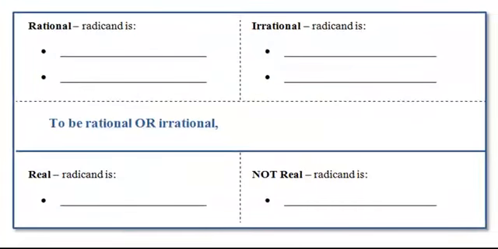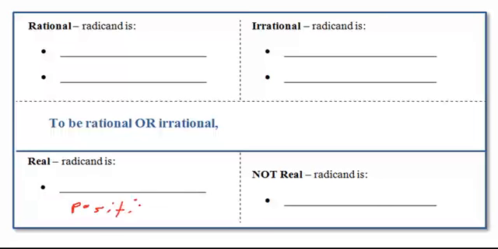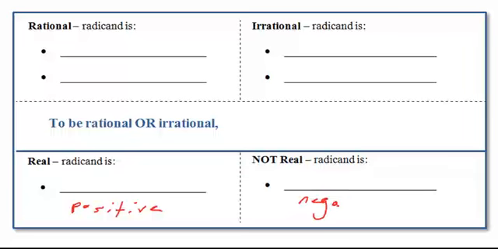Let's try to get this straight in our minds now. Let's start down at the bottom part. If it's real, then the radicand is positive. But if it's not real, the radicand is negative.